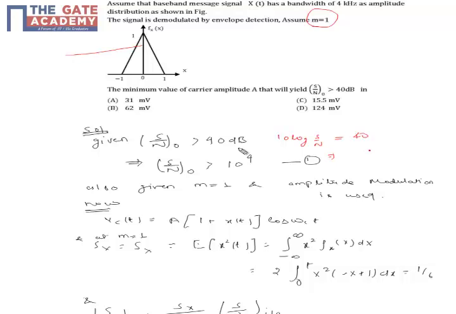This implies that S by N equal to 10 raised to the power 4. So our S by N at the output is greater than 10 raised to the power 4. Also it is given that our modulation index m equal to 1.